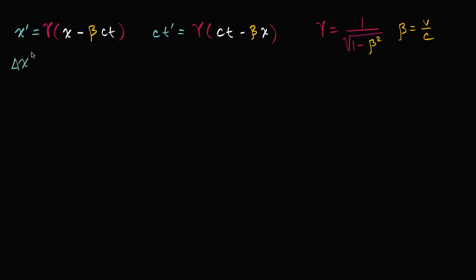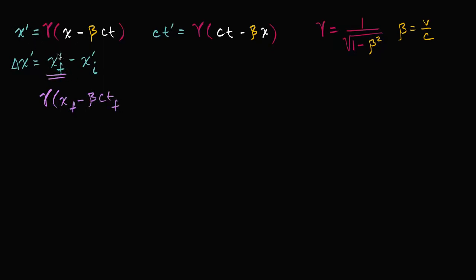Change in x prime is going to be x prime final minus x prime initial. Well, x prime final is going to be gamma times x final minus beta times ct final. All I did is I used this formula up here.